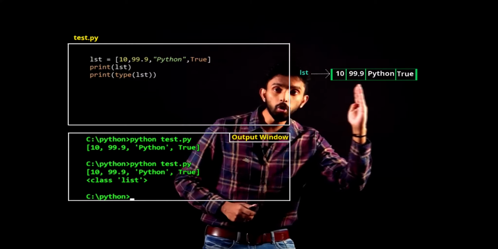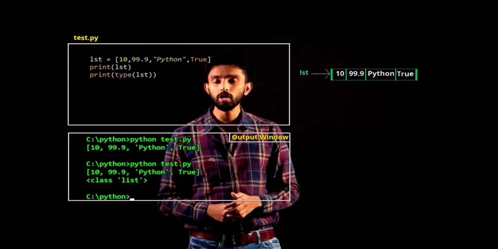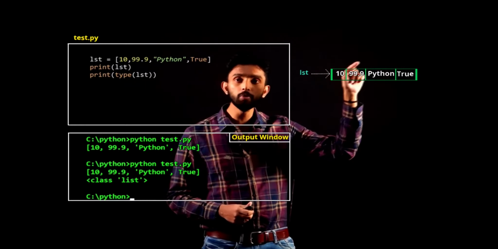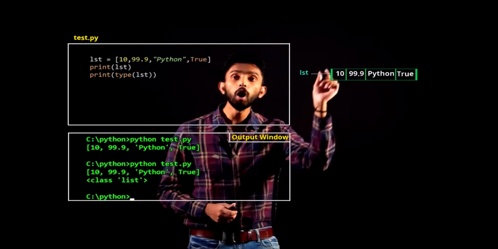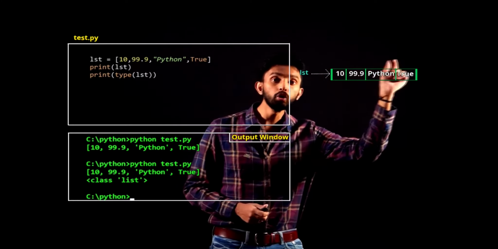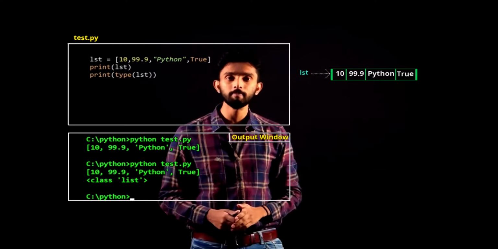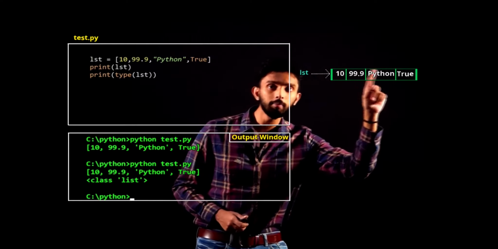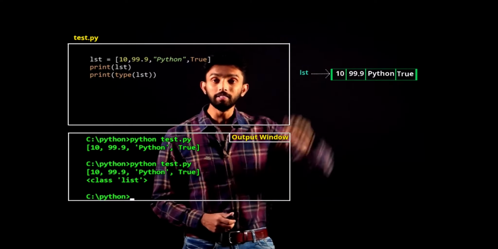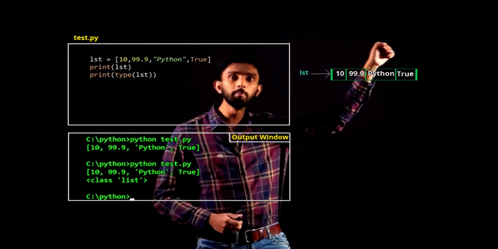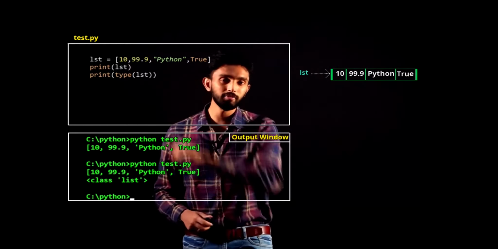It is a sequential collection of data, which means, my friends, for every individual element present in a list, they have given a positional value to show you that it is ordered, to show you that it is in sequence. This is the first element, second element, third element, fourth element. This sequence is maintained, but the positional value or the number given to each element does not begin from 1, my friends.